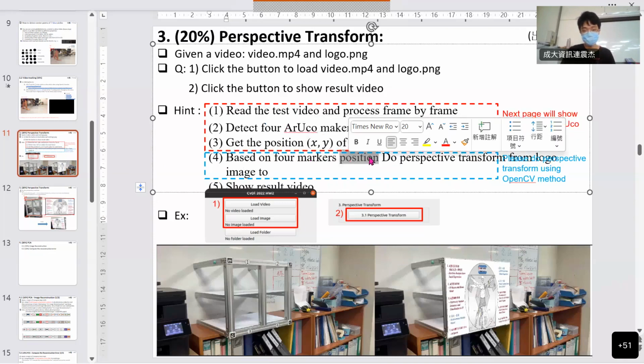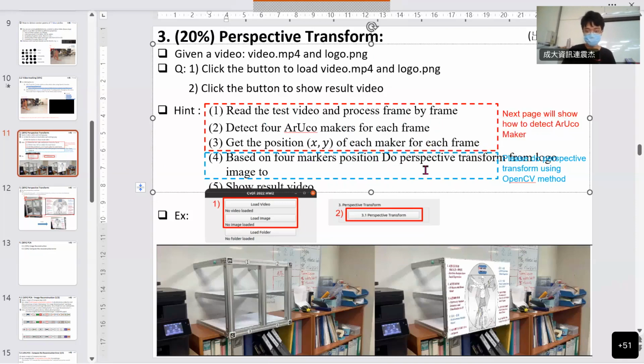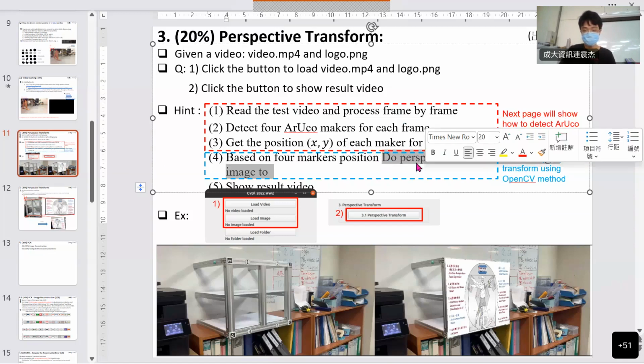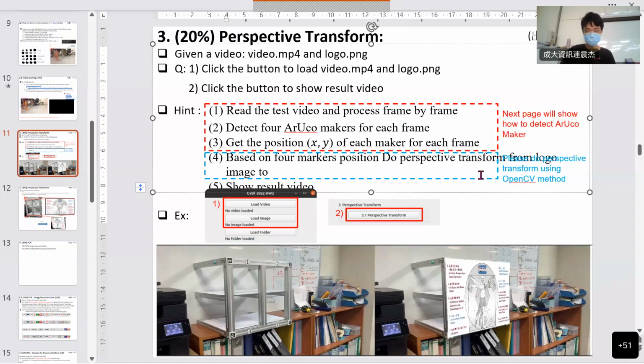Anyway, the purpose is you want to transform and map from the logo to the ArUco code, right? Otherwise, people don't understand. Using perspective transform, four corners mapping to the other four corners.